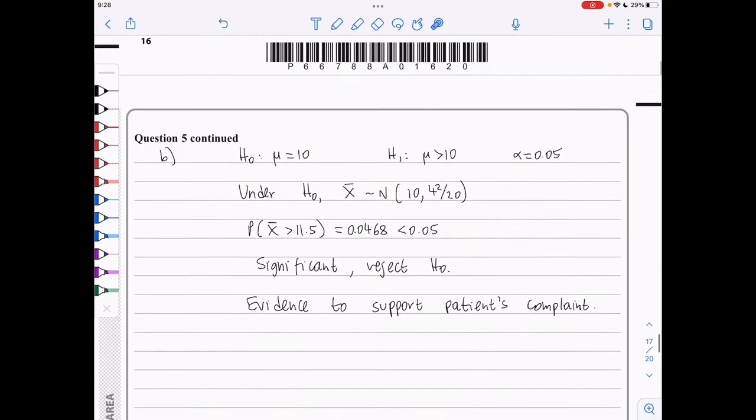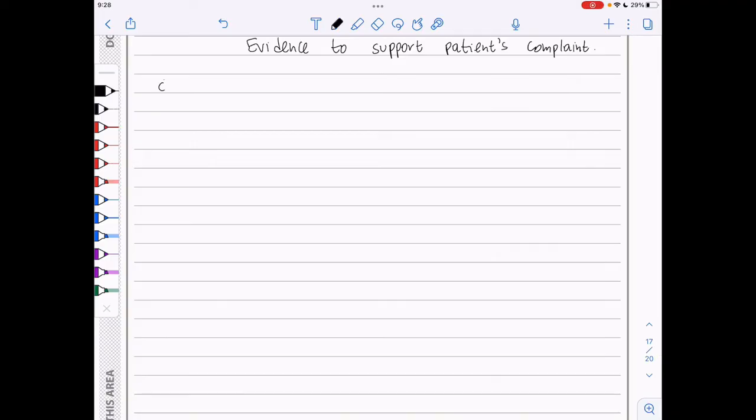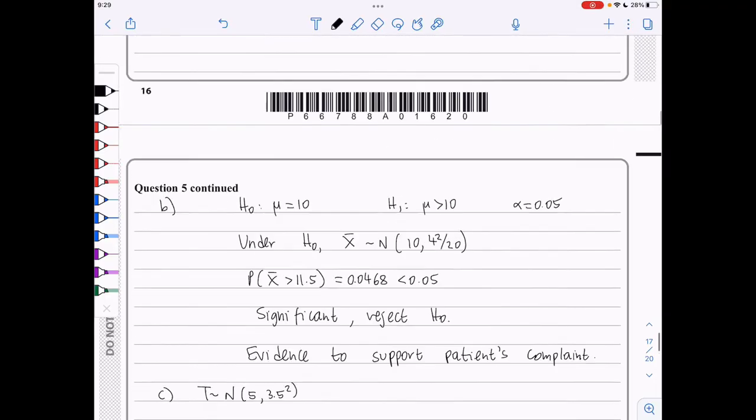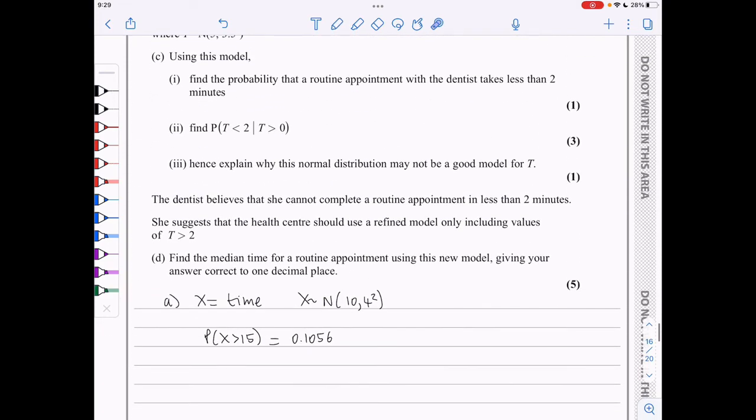So we've got here in C that T follows normal 5, 3.5 squared, and the probability of T being less than 2, I'm just going to use a calculator here, is 0.1957.